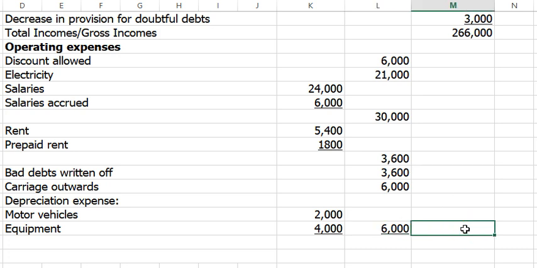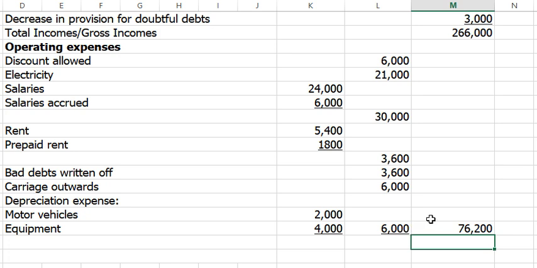What you have to do now is to add all these operating expenses.